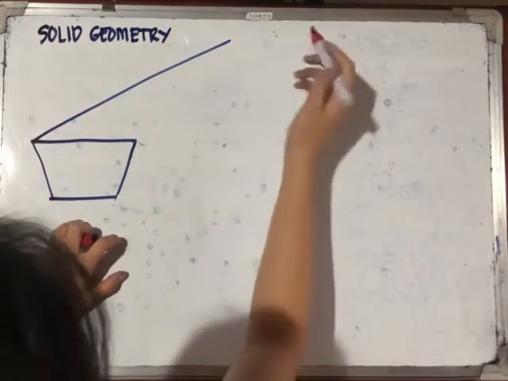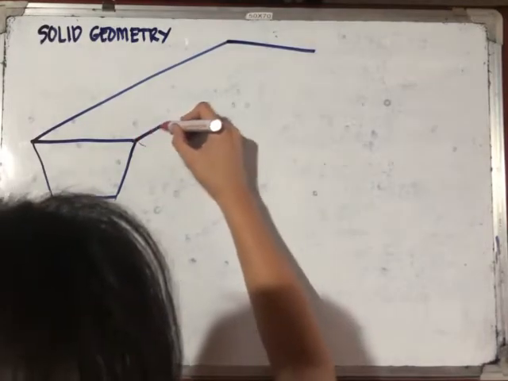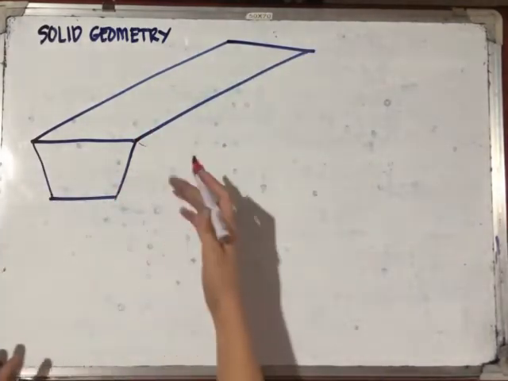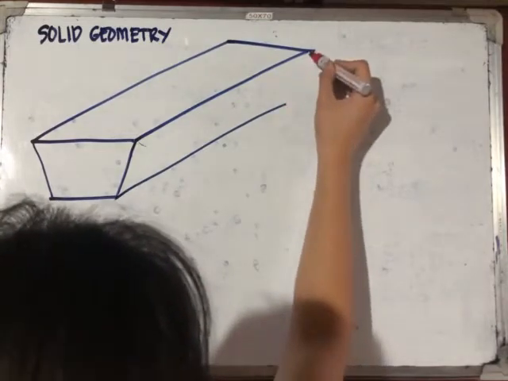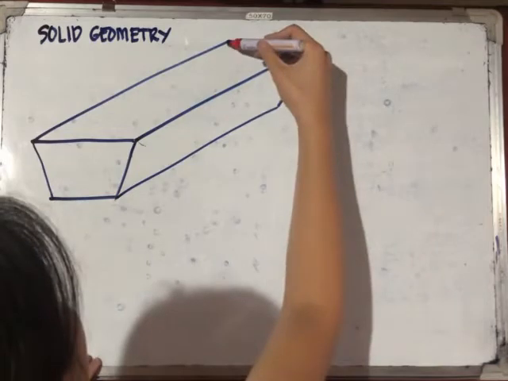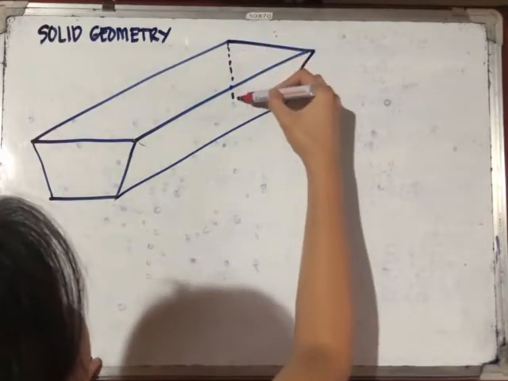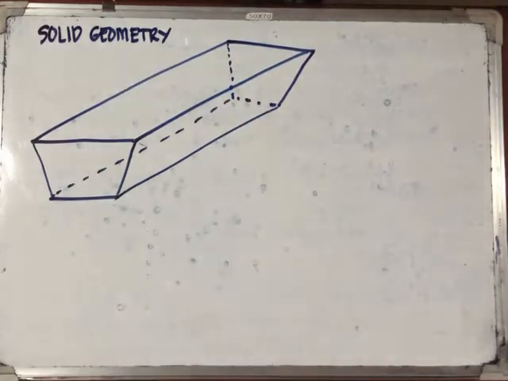Tapos itong trapezoidal ends na to parallel yan sa isa't isa, such that it will form a rectangular figure on top, tapos rectangular figure din yan sa baba. Okay, so ganyan yung magiging itsura niya. Ito yung trapezoid na sinasabi, tapos ganyan. Ganyan yung itsura ng ating figure.